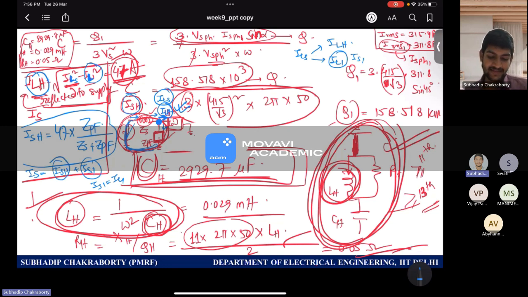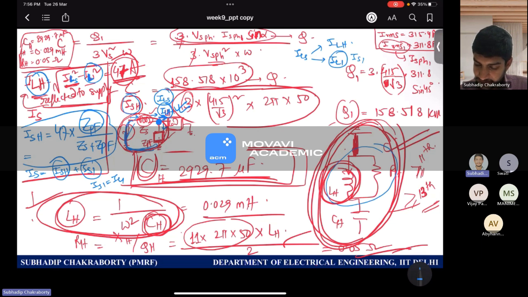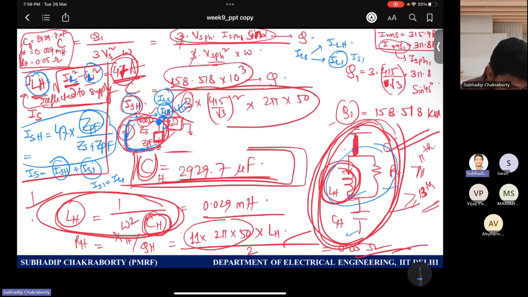So tell me what is ISH? ZPF is nothing but what? You can calculate from this. LH, R and CH you know. Just calculate what is the impedance. RH you know, right? And what is XSH?